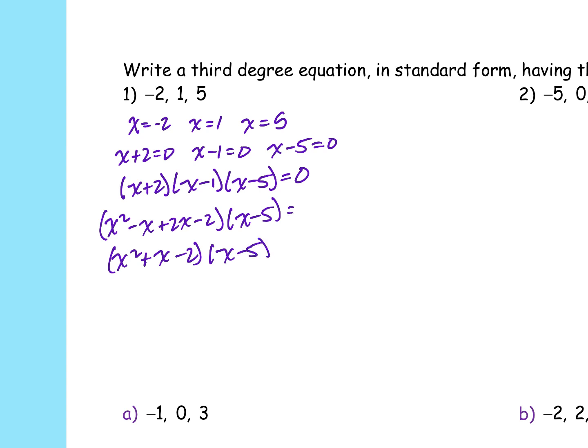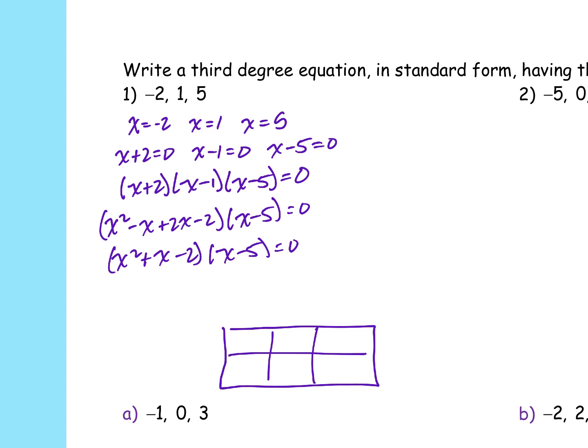And now I have to do the last one, and definitely doing a box on this one. X squared, x negative 2, x minus 5. So x cubed, x squared, negative 2x, negative 5x squared, negative 5x, and positive 10.